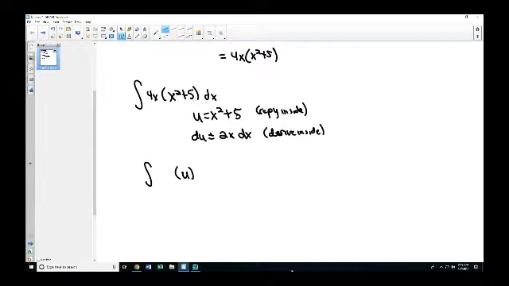Yep, derivative of U, right? Kind of like implicit differentiation. Okay, what do we have here? It's 4x, correct? But what do we have here? Okay, those have to match. So how am I going to get these to match?